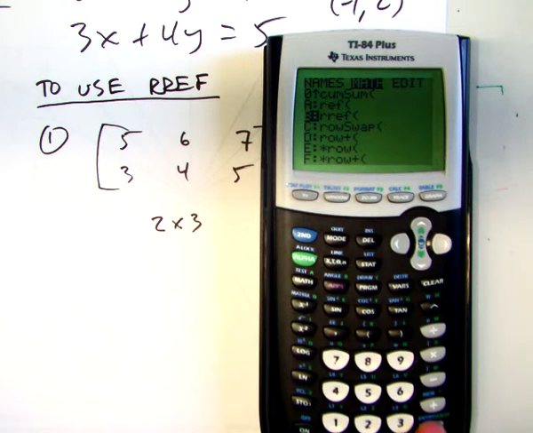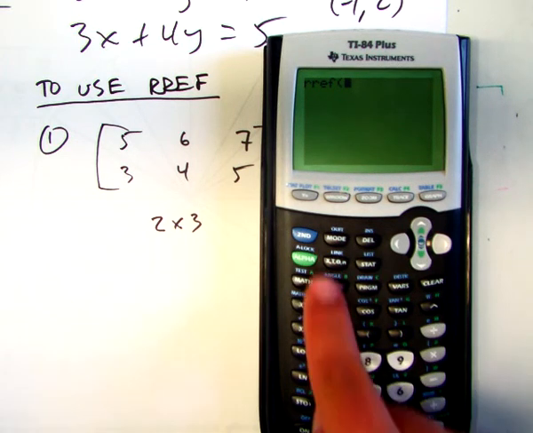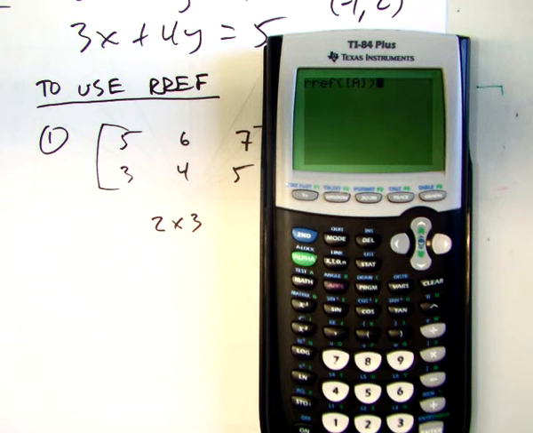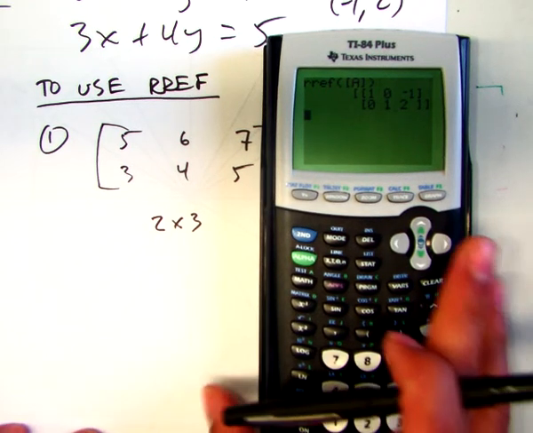Second matrix, math menu, and then find RREF. Hit enter on it, and now it's waiting for you to tell it which matrix to put into RREF form. So now you have to go back to the matrix menu and tell it that you're going to use matrix A for this one. If you hit enter, now it tells you this.